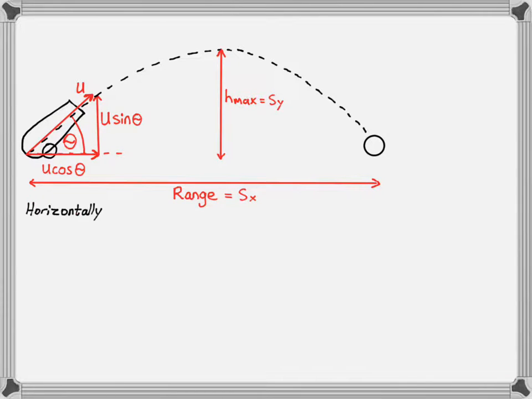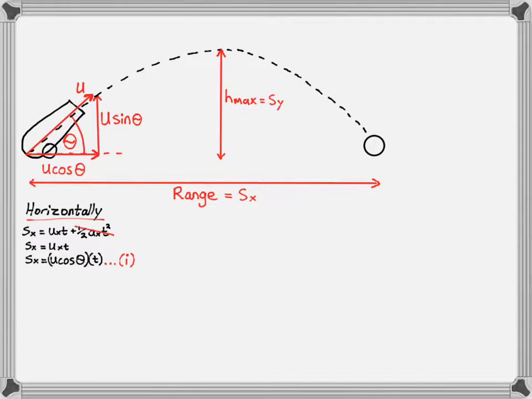So let's talk horizontally first of all. We know that the displacement in the x direction is equal to ut plus a half at squared, and because in the horizontal direction there is no acceleration for a projectile, we can get rid of the half at squared, so we're left with sx is equal to ux times t. But we don't have a value for time.